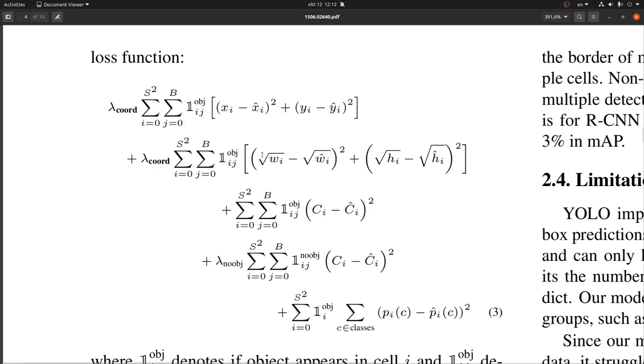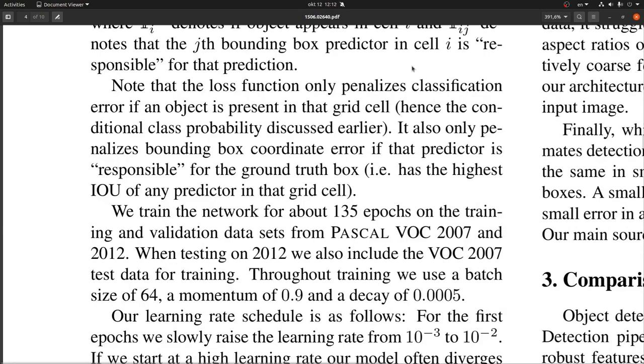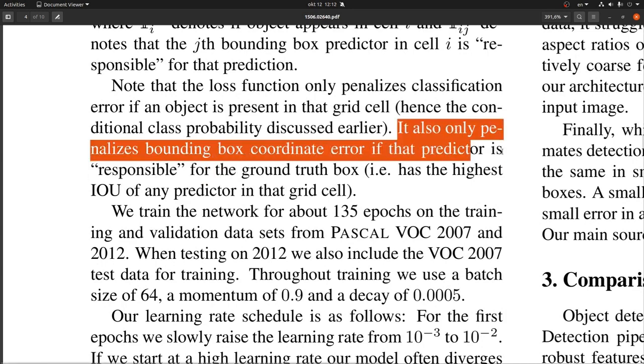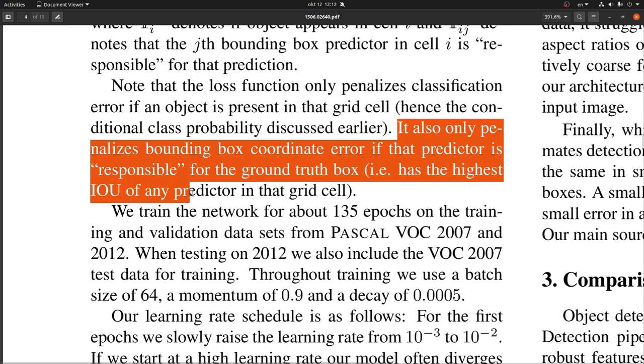All right, so you might ask, well, how do we know which bounding box is responsible for outputting that bounding box? And if we just scroll down in the paper, it says here, it also penalizes bounding box coordinate error if that predictor is responsible for that ground truth box, i.e. it has the highest IOU of any predictor in that grid cell.